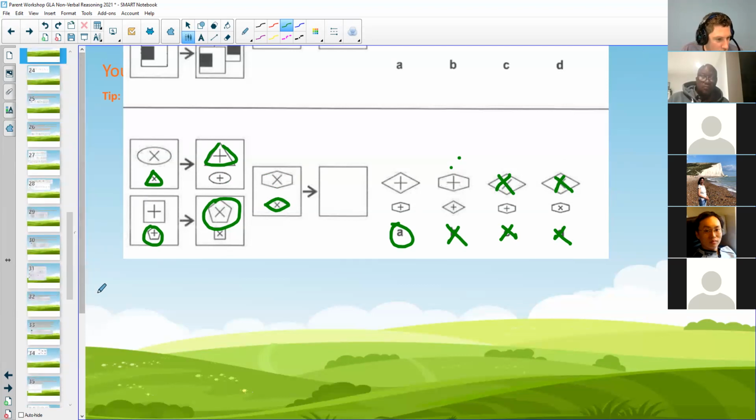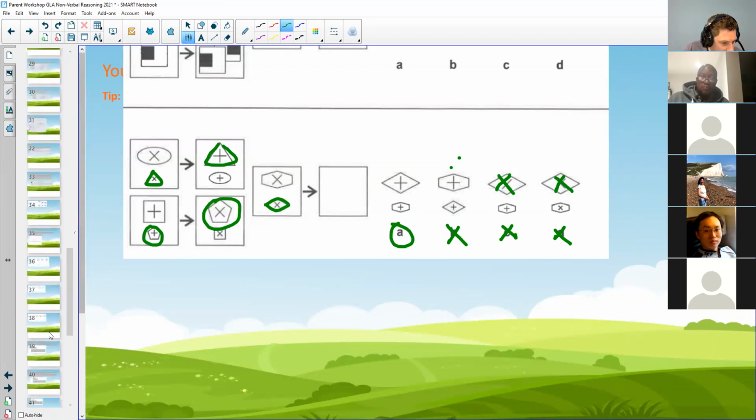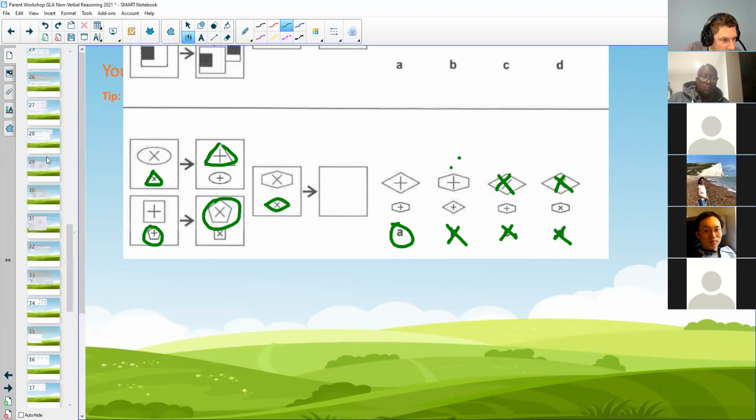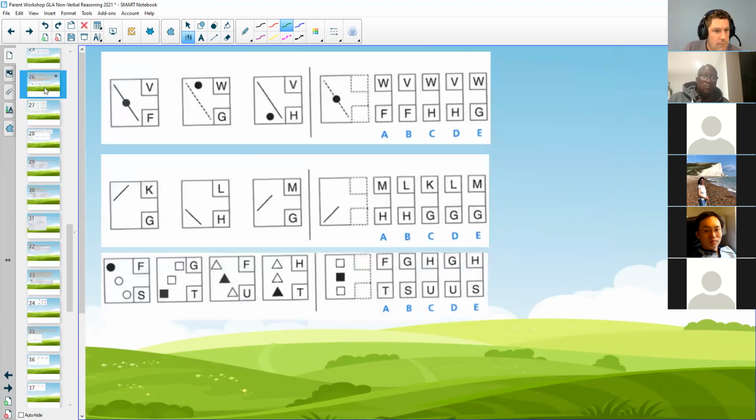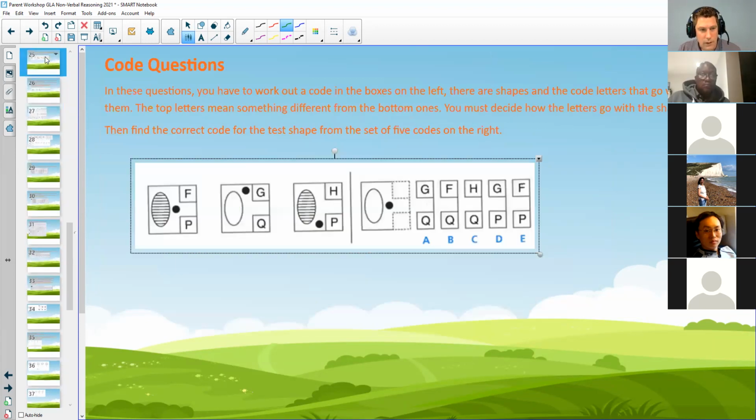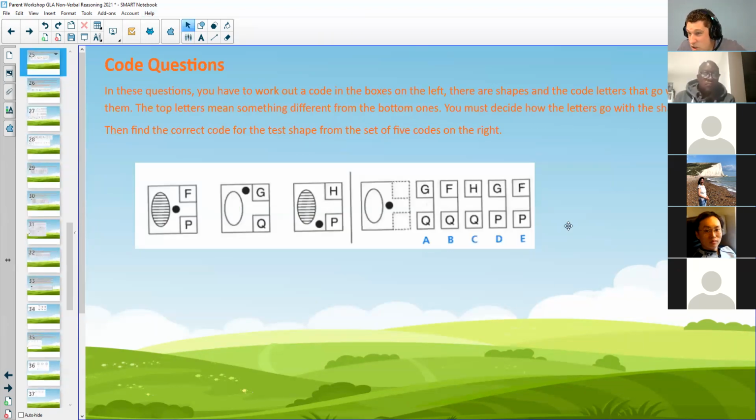Okay, let's move swiftly on, I think, to have a look at a very common question type within 2D nonverbal. Let's see if I can find them. Here we go. So one of the question types very much related to GL assessment.